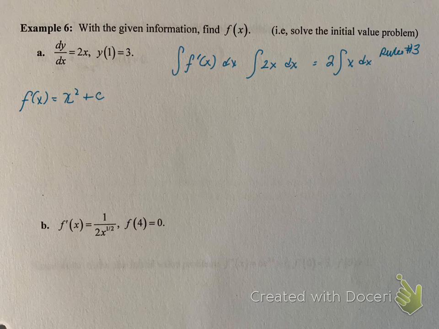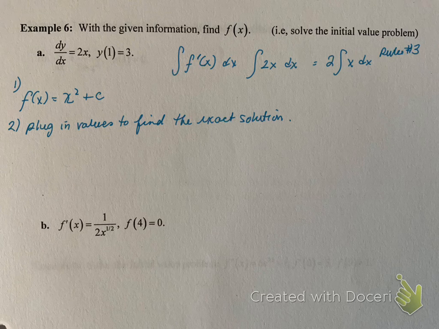Okay, so we have another step. The first step is to find the original function. And now the second step is to plug in values to find the exact solution. So we know that y at 1 equals 3, right? So I know that x is equal to 1 because they told us that, and I also know that y equals 3.